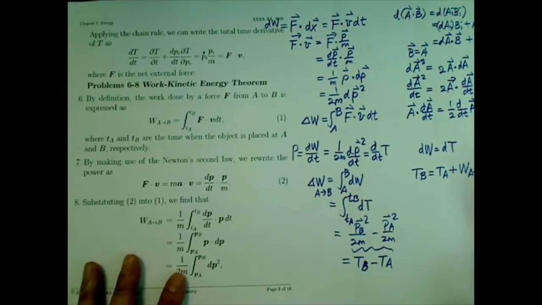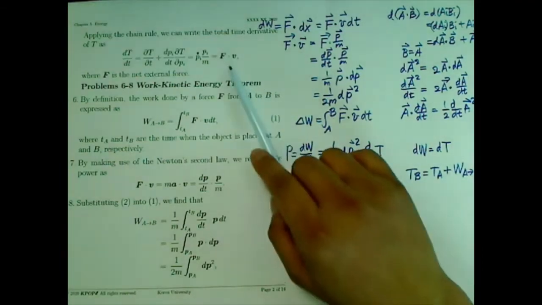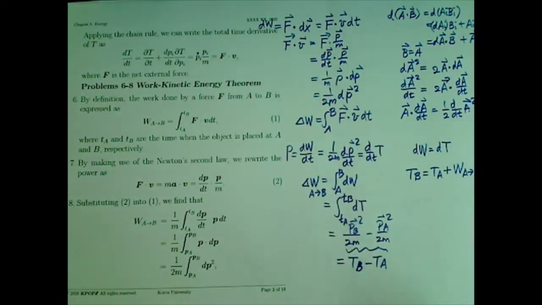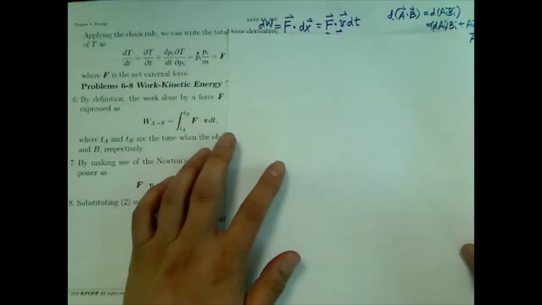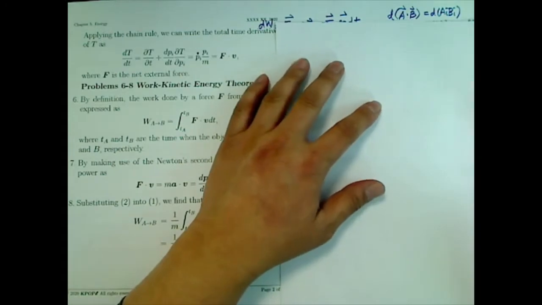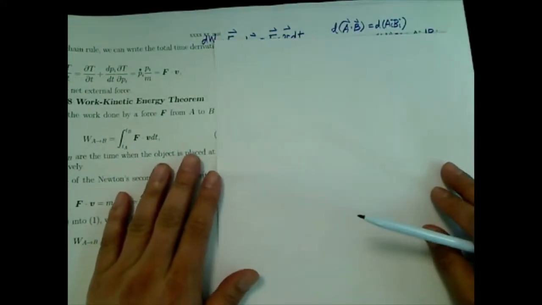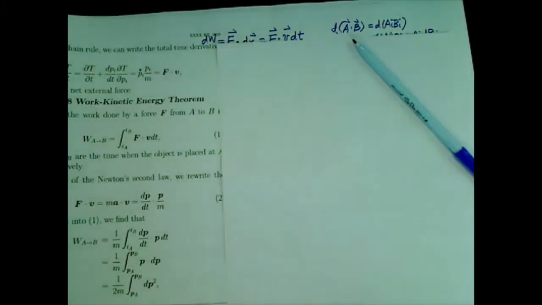Next, we consider the work-kinetic energy theorem. We already noticed that the time derivative of kinetic energy is F dot v. Before we go ahead, we review some simple algebra: the differential of a scalar product of two vectors.